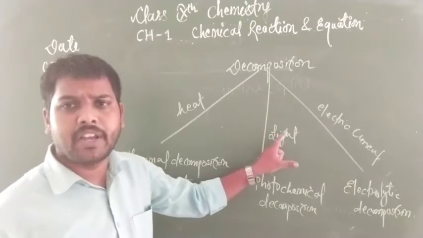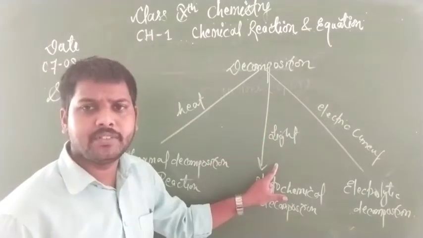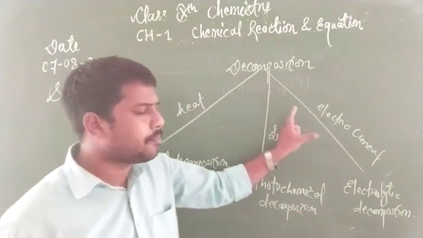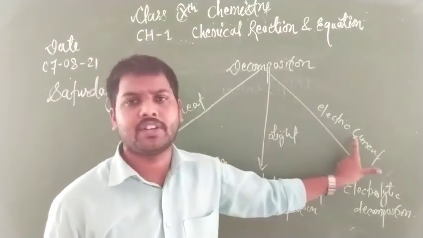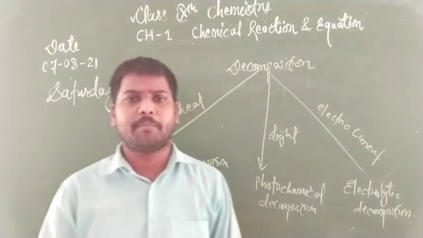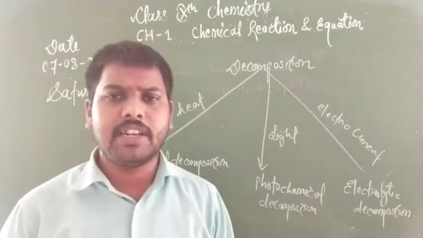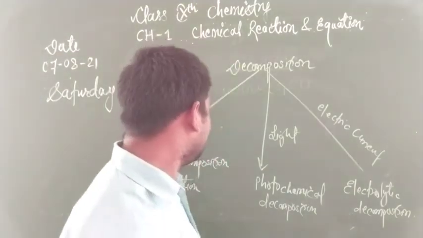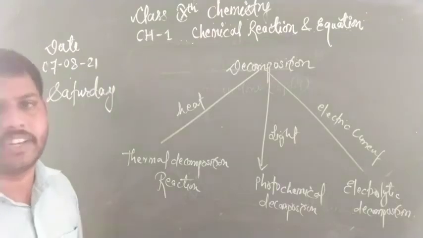When it breaks with the help of light, it is photochemical decomposition. And when it breaks with the help of electric current, that reaction is electrolytic decomposition reaction. Clear everyone? So now we are going to study one by one the types of decomposition in detail.